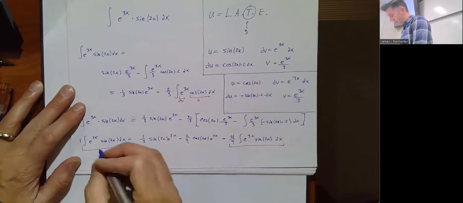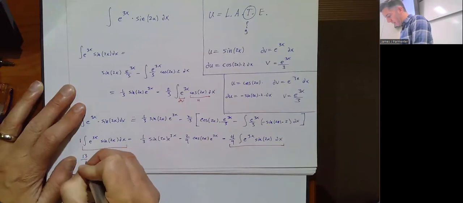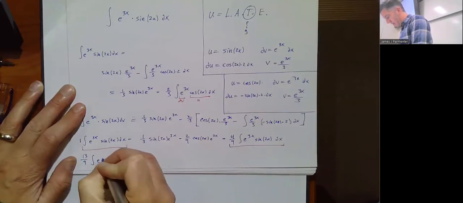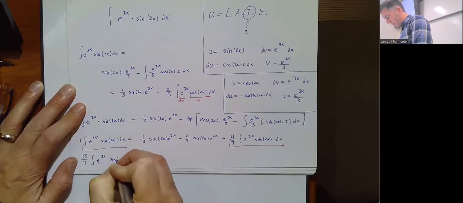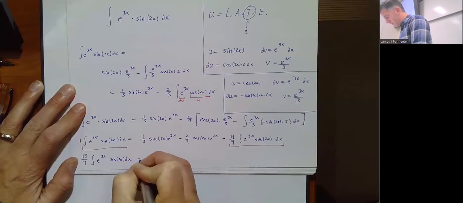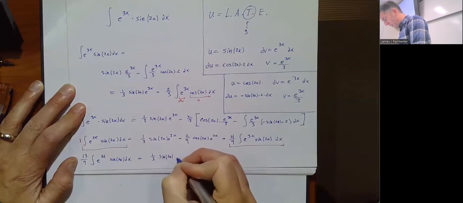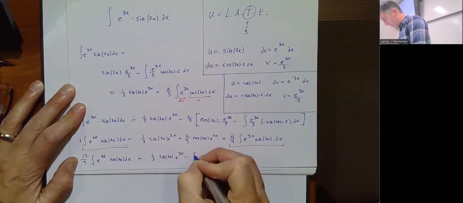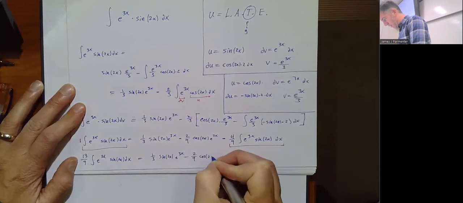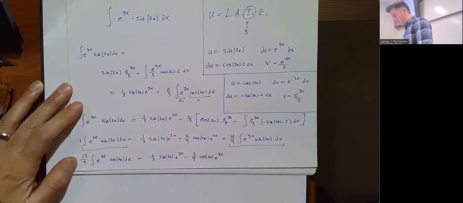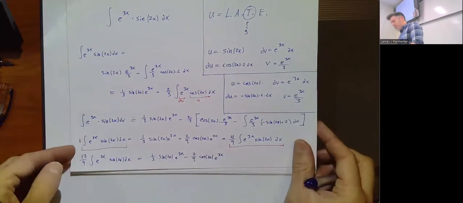So if I add this over here, I end up having 13/9 times my integral equal to 1/3 times sine of 2x times e to the 3x minus 2/9 times cosine of 2x times e to the 3x.